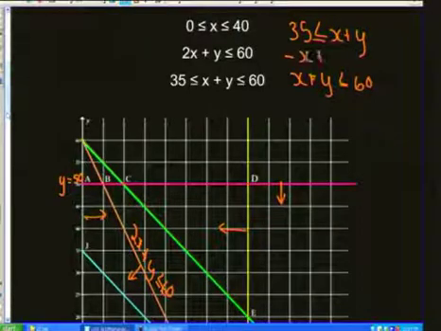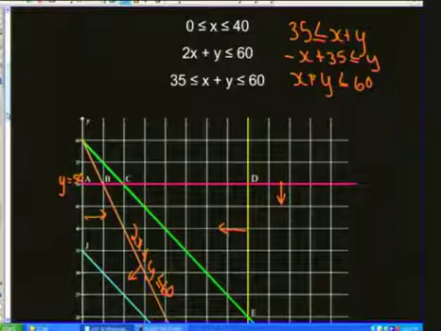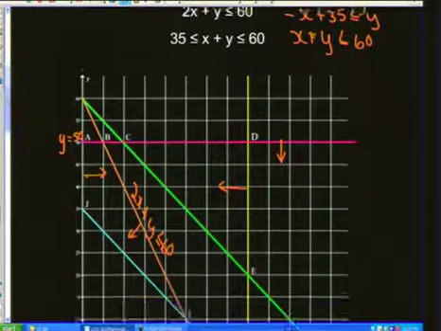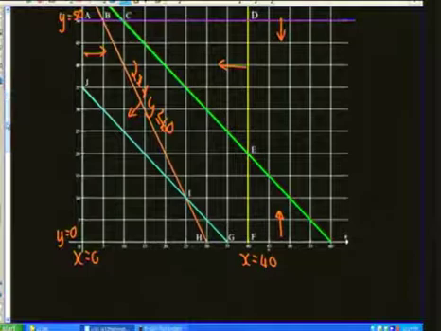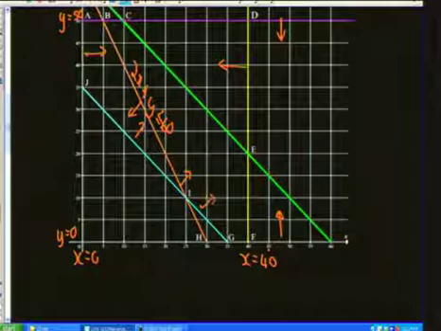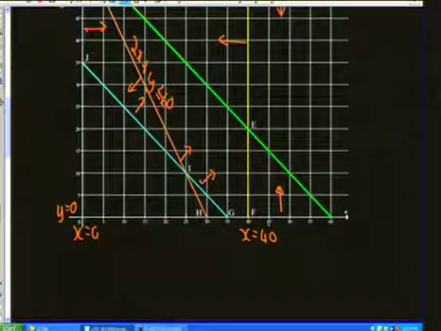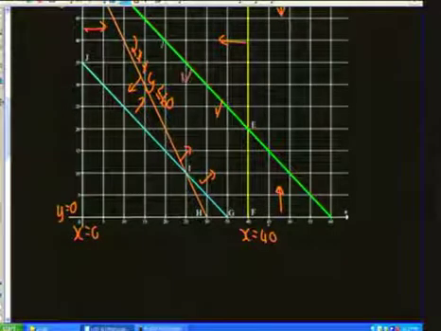So minus x plus 35 is less than or equal to y. So y is greater than that line. So if we go back here, it's going to be greater than this. So we're above this line, the blue line. And then the last one is that x plus y is less than or equal to 60, so it's the green line. Less than or equal to is here.